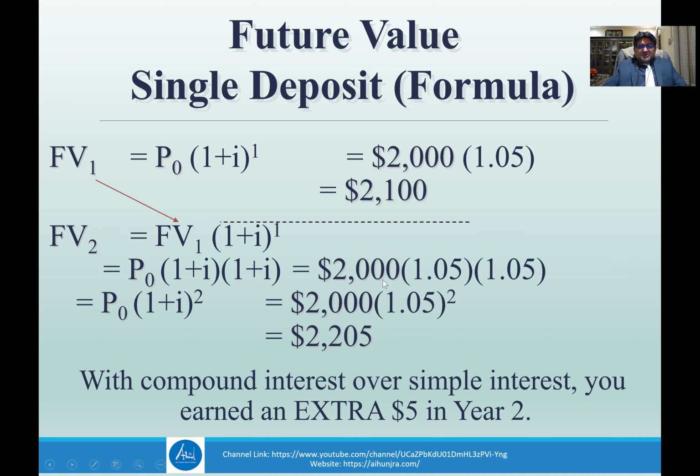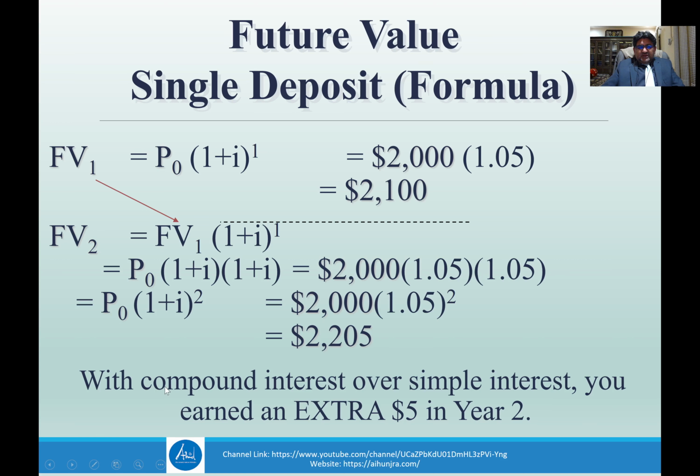So here, what is P naught? The basic investment, that is 2000. 1 plus I, where I is 5%, that's equal to 0.05. If we add 1, that's equal to 1.05, 1.05 raised to the power 2. So 2205, that's the answer, 2205.